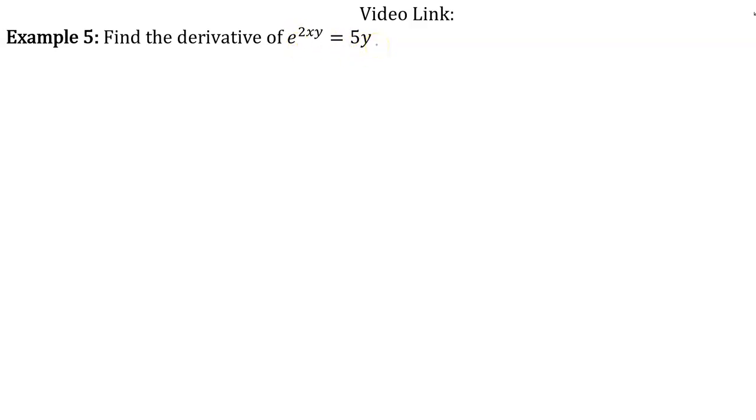Now I could use y prime instead. I could say that y prime is dy dx, and technically that is true. So why do I use dy dx instead of y prime? Well, part of it is personal preference, but the other part is that I already have y's in the problem.